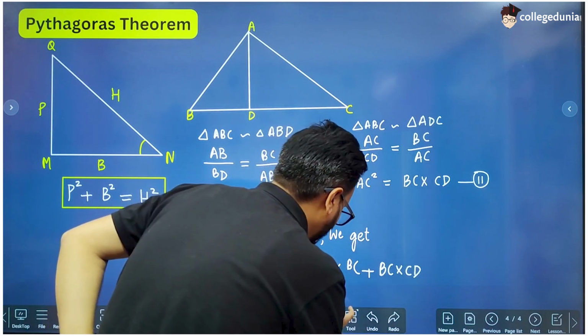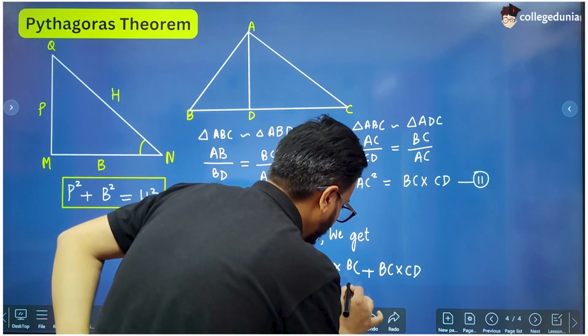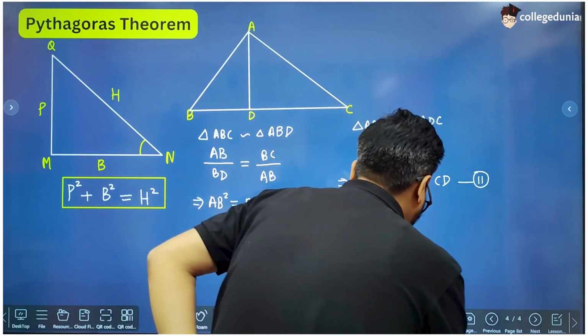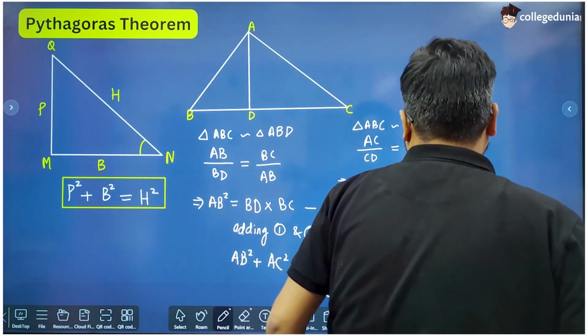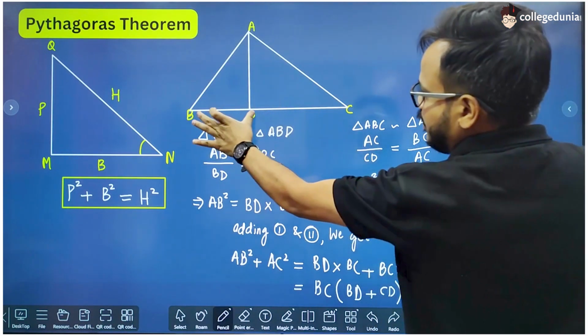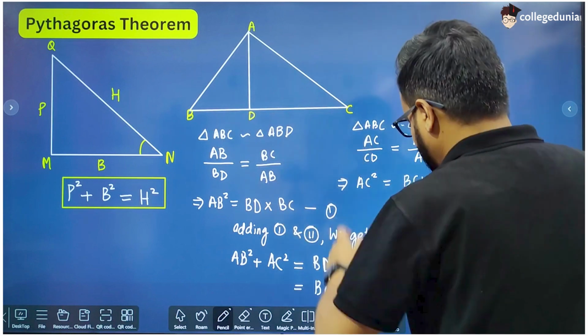Let us take BC as common. What is left here is BD plus CD, right? BD plus CD. And what is BD plus CD? BD plus CD is obviously BC.